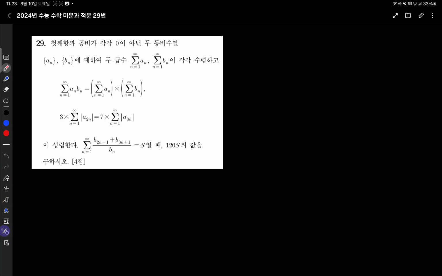Hello everyone. In this problem, there are two geometric sequences, AN and BN, and both the series converge. And there are two equations about the two series.